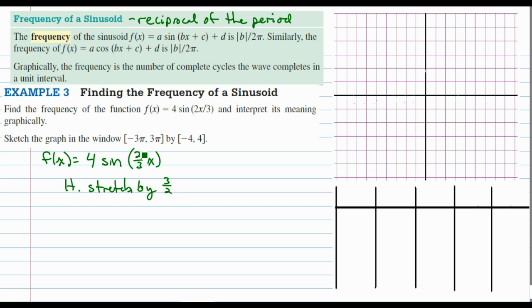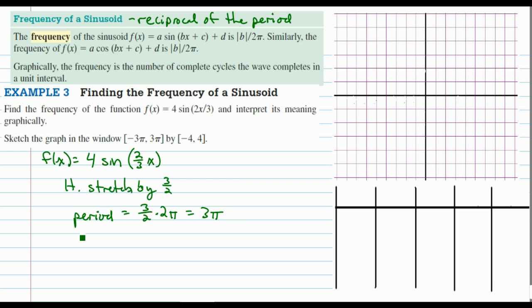Remember, with horizontals you take the reciprocal because it's doing the opposite thing to the input. Since 2/3 is less than 1, 3/2 is greater than 1, so that's actually a horizontal stretch. The natural period of sine is 2 pi, so this is going to be 3/2 times 2 pi, which is 3 pi.